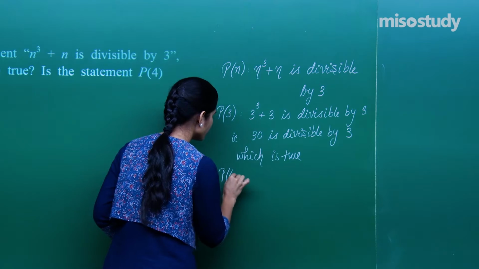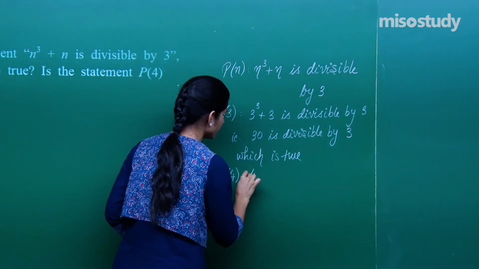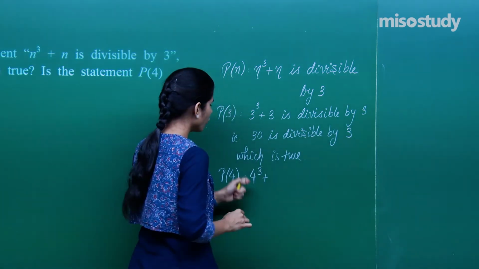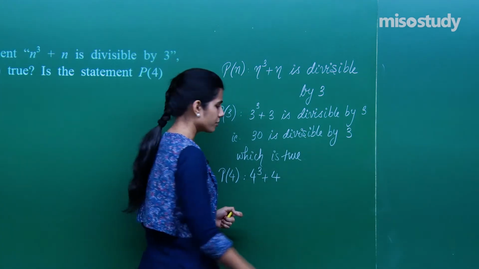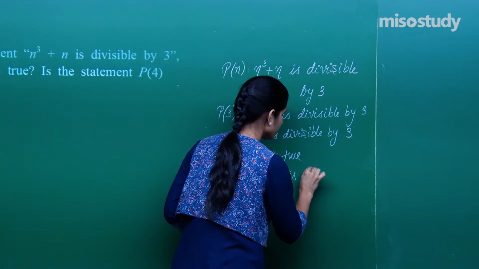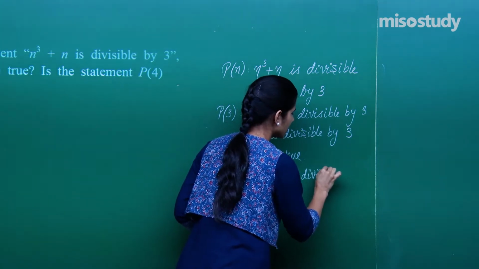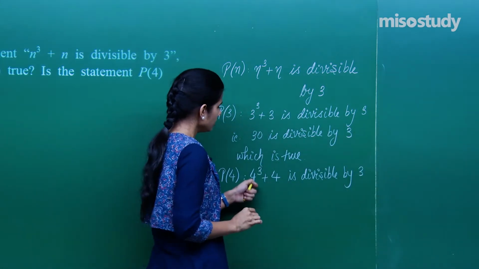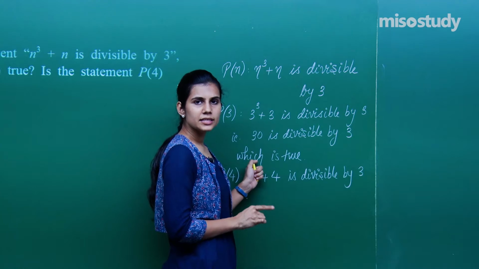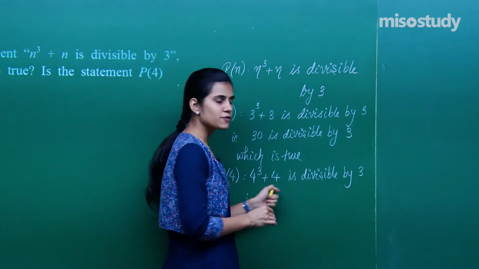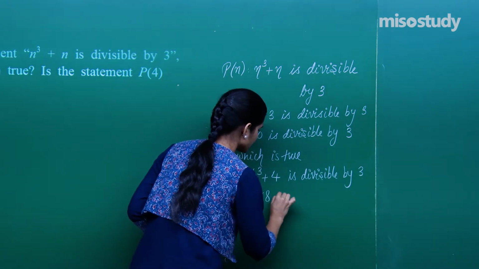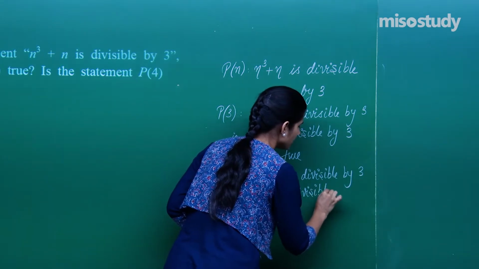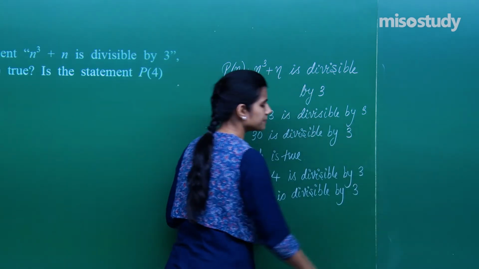If I talk about the truth value of P4 statement, which says that n cube plus n, so 4 cube plus 4 is divisible by 3. 4 cube is 4 into 4, 16, 16 into 4, 64, 64 plus 4 is 68. So you have 68 is divisible by 3.